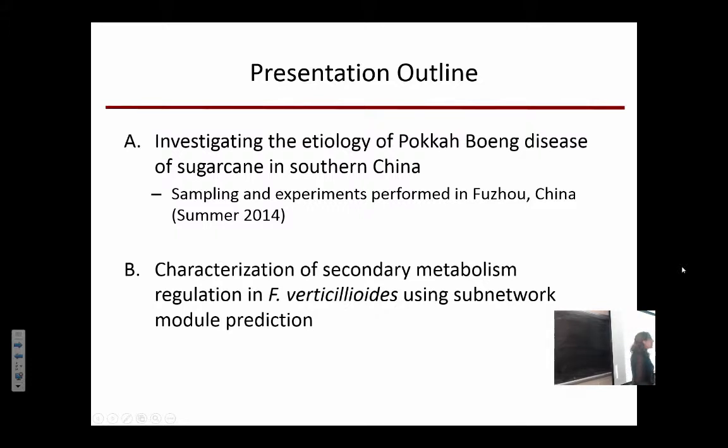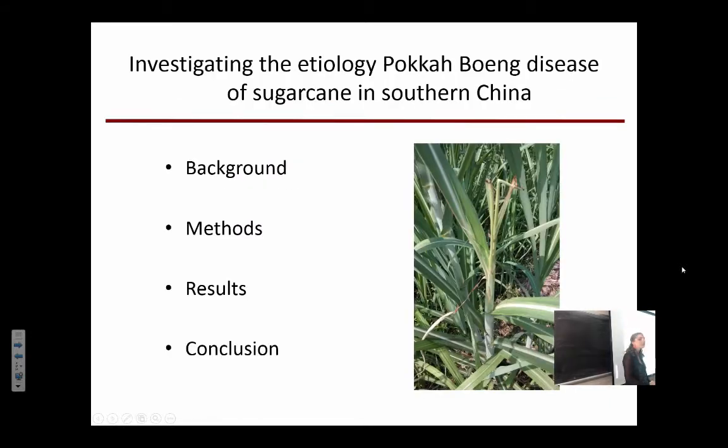And then my main project that I'll be talking about is, of course, the characterization of secondary metabolism regulation in Fusarium verticillioides using subnetwork module prediction. And so just a quick overview of what I'll be talking about for my appetizer study: I'm going to go over the background as well as the methods and results that I got and a conclusion.